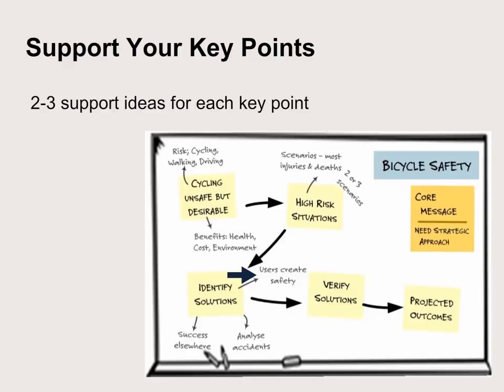We might be able to build on those, and we certainly wouldn't want to redesign the system in ways that would block cyclists from using strategies that worked. To support my fourth key point, I would discuss the types of methods I could use to verify the solutions. Methods such as simulation and on-the-road evaluations.